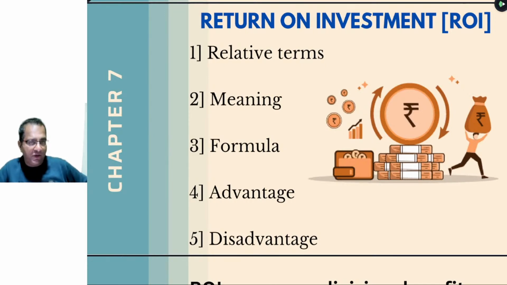Can you tell me, beta, when we express the data in relative terms, what does it mean? And when we express the same data in absolute terms, what does this mean?